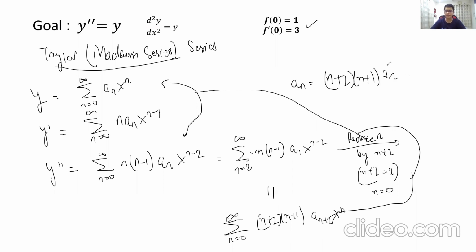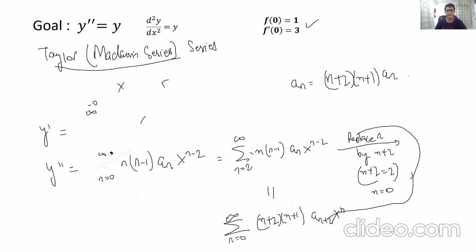I'm just equating the general terms of these sums, because that's really when these sums are equal. So far what we've got is that a_n must equal a_(n+2) times n plus 2 times n plus 1.